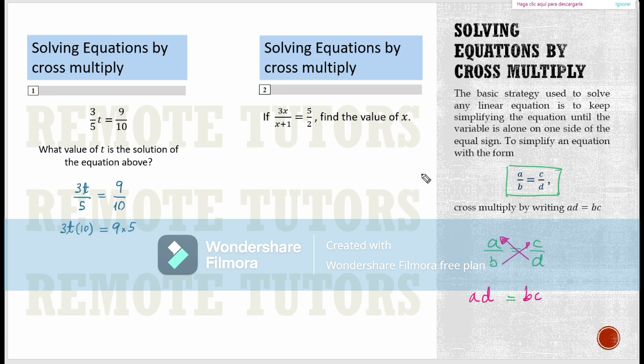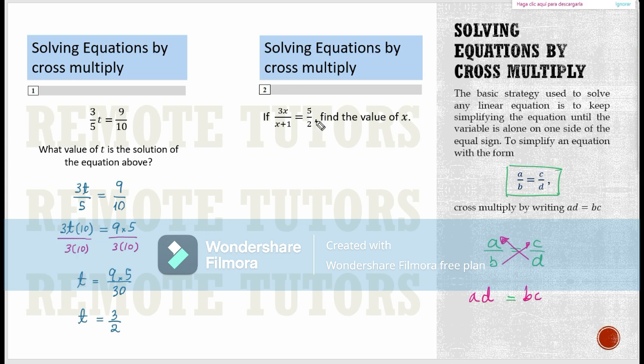At last, in order to isolate t, you have to divide both sides by 3 times 10. So you get t equals 9 times 5 divided by 30. Next, you can simplify, or you can calculate this on the calculator, and you will get 3 divided by 2.